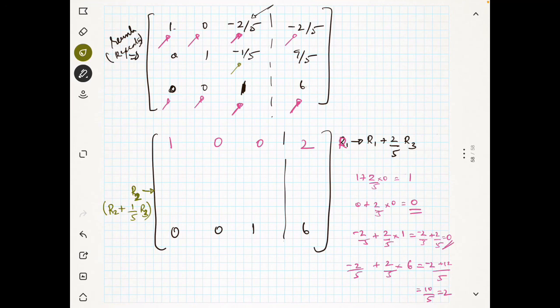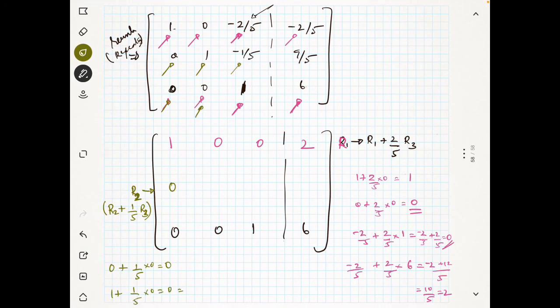So if I add like this, then I can cancel. Now I will take this element, R2, 0 plus 1 by 5 into 0. So 1 by 5 into 0, this becomes 0. So no issue. Next, this one, 1 plus 1 by 5 into 0. Again this is 0, right?